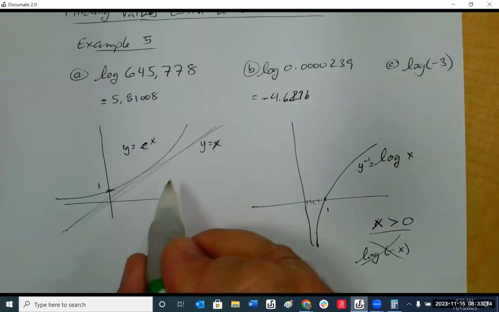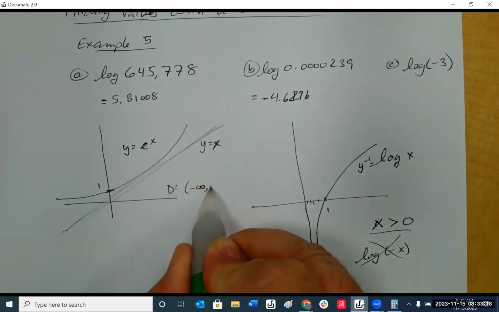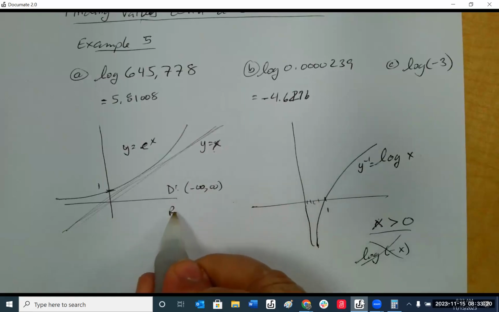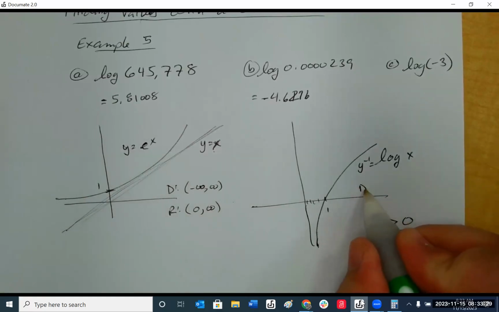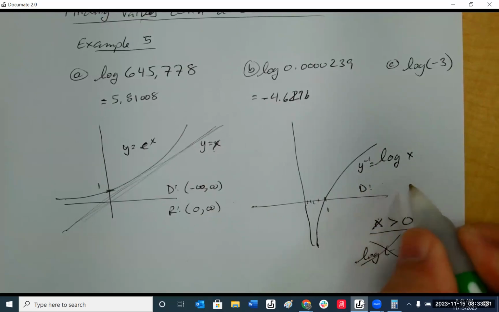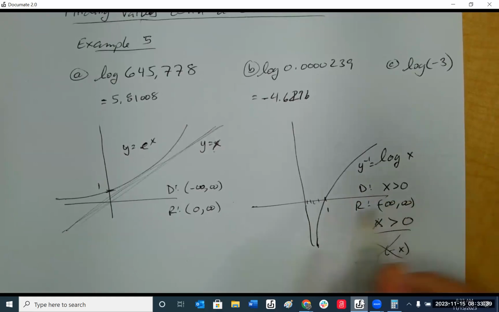Likewise here, the domain is from negative infinity to positive infinity, but the range is always above 0. It never crosses the x-axis. So the domain of a logarithm is x greater than 0. The range is all real numbers. So I can have negative answers, I can have positive answers.